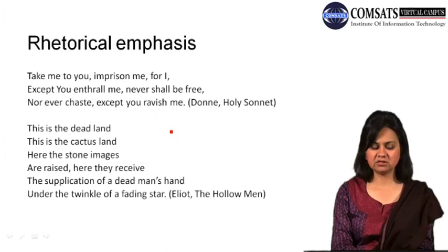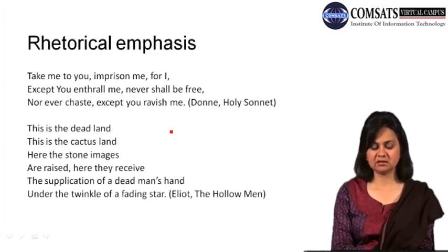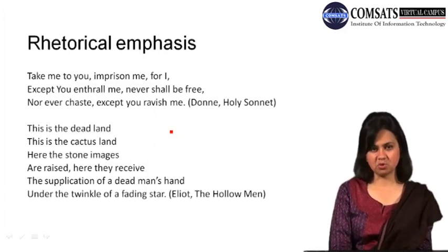Then the word is used, that is the word raised. Images are raised and they receive the supplication of a dead man's hand under the twinkle of a fading star. Now, raising, receiving, supplication, and then reference to a dead man and the twinkling of the fading star. Now the fading star corresponds with the idea of death, cactus land and stone images, because here is no hope.